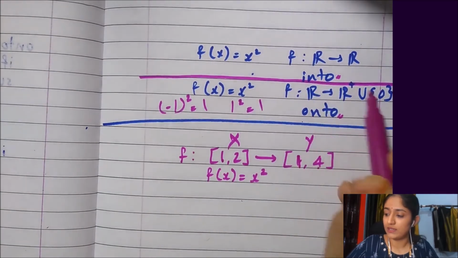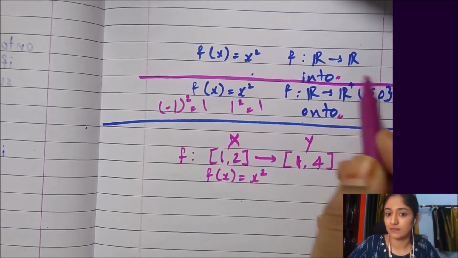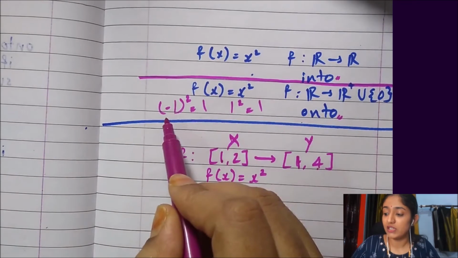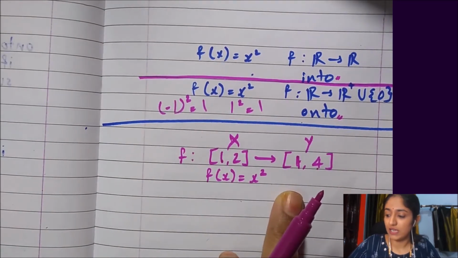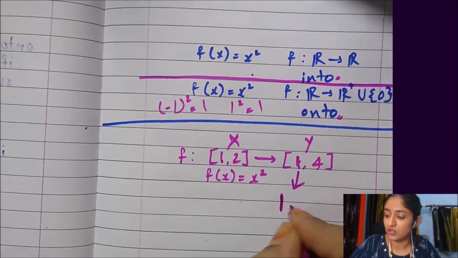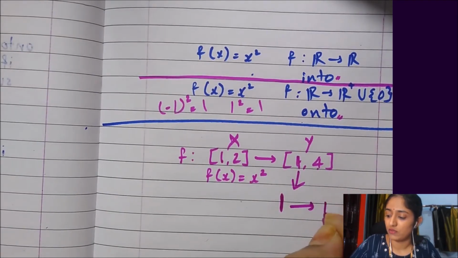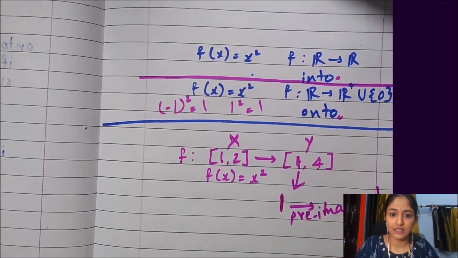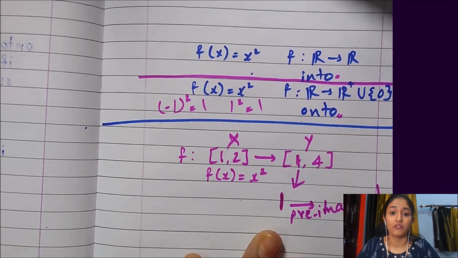So the 1 in here had two pre-images, 1 and -1, but here this is not happening. When we take 1 from here, it only has one pre-image. Its pre-image is just 1 and nothing else. This kind of function is called a one-to-one function.